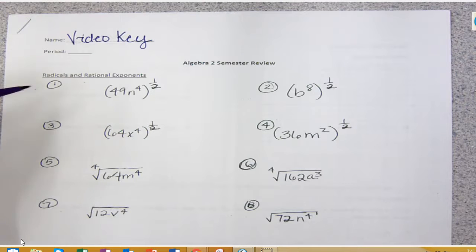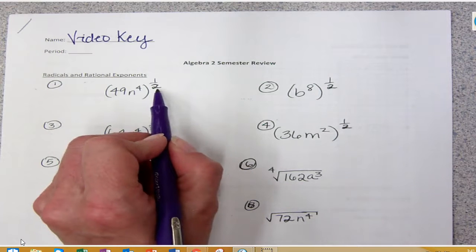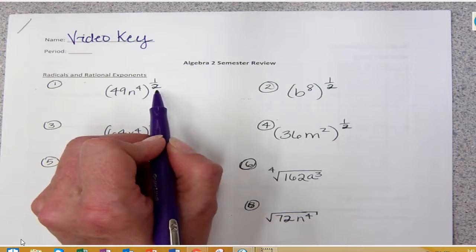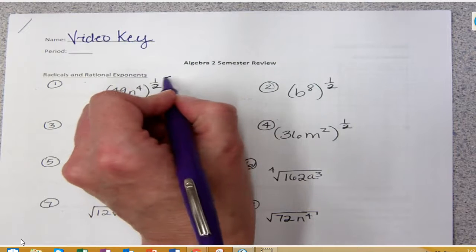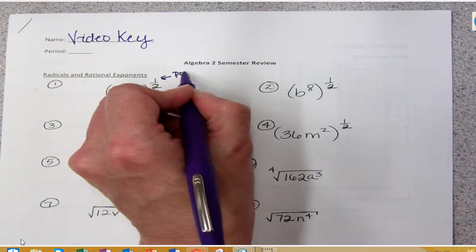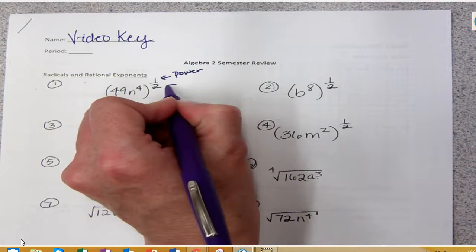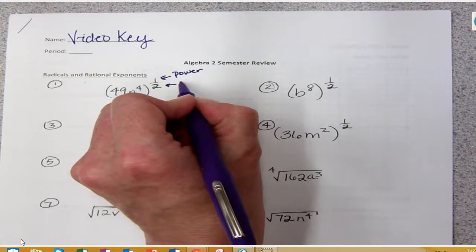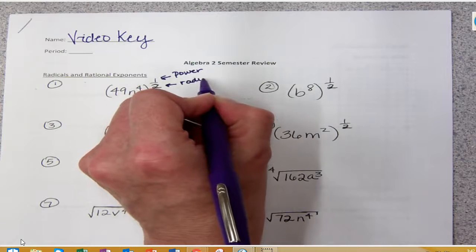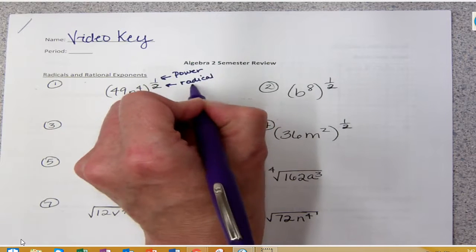So we're looking at how to convert these into simplified form. Just to go over, when you have an exponent that's a fraction, this is going to be your power, and this is basically going to be your radical index.